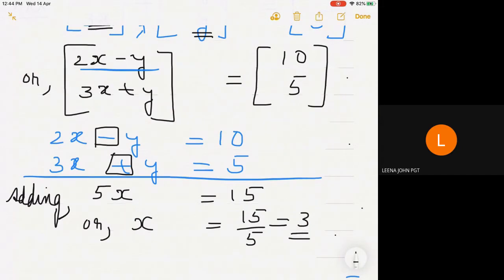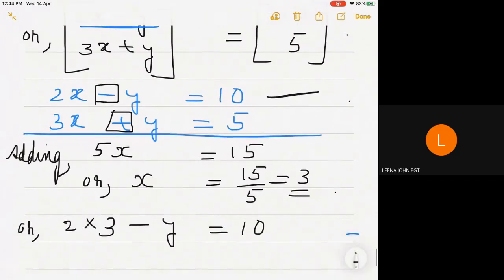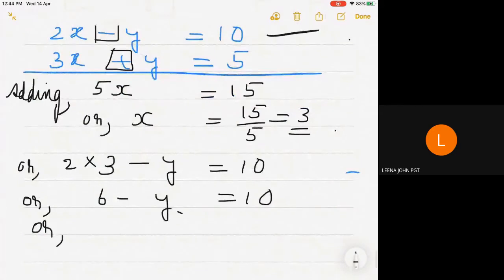Now substituting this value in the equations, for example, in the first equation 2x minus y, you put the value 3, you get 2 into 3 minus y equal to 10, or 6 minus y equal to 10, or taking the term to the other side, you get y equal to 6 minus 10, which is equal to minus 4.